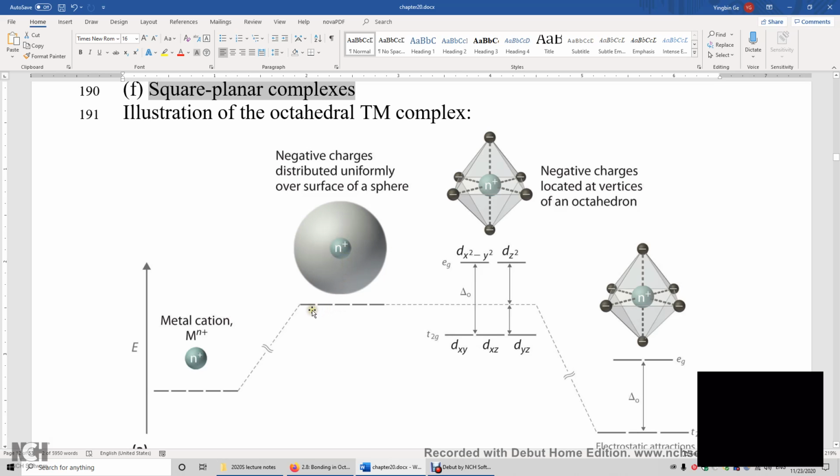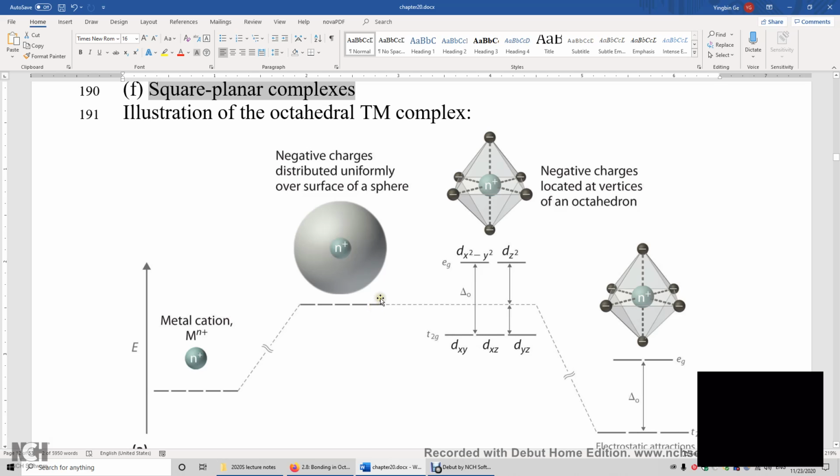That will bump up the energy of these 5 d orbitals. But because these negative charges also have spherical symmetry, these 5 d orbitals are still degenerate.